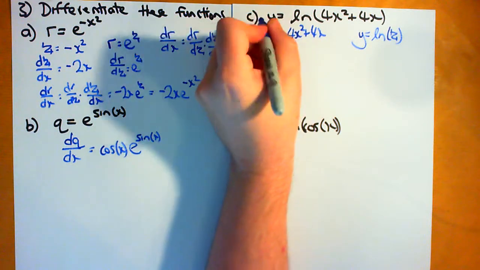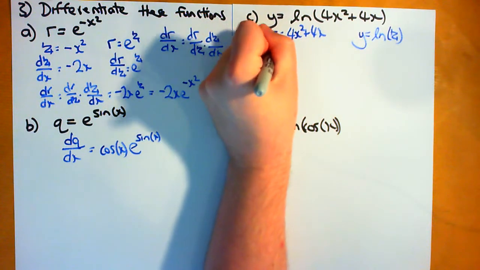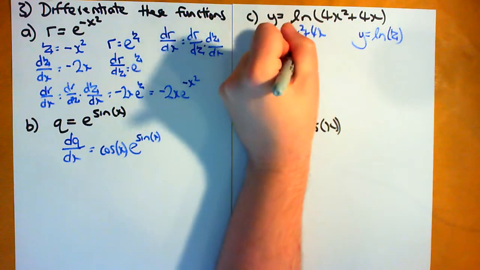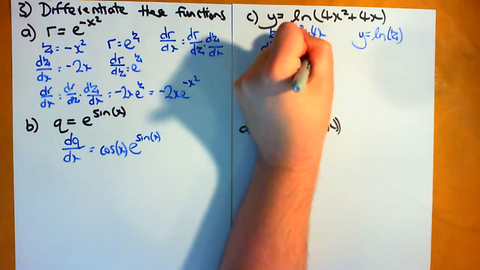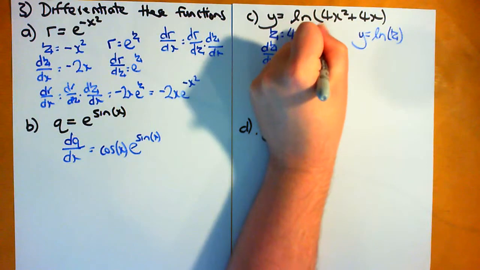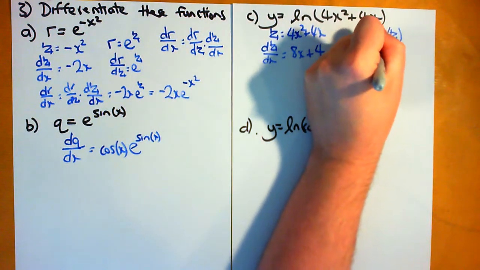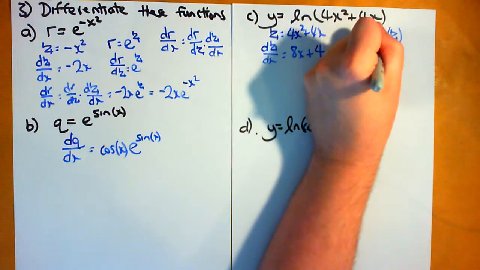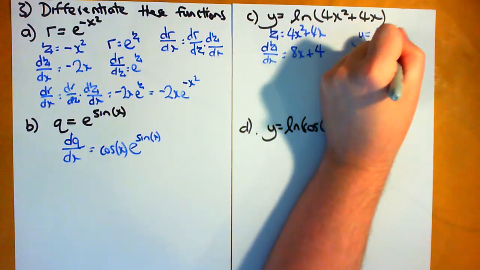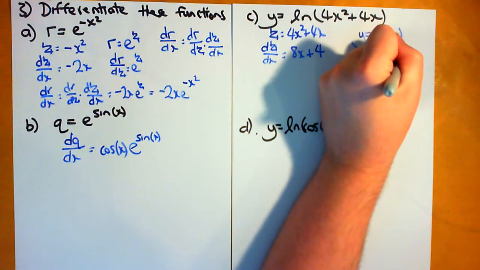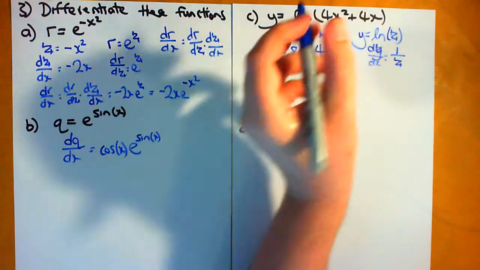That gives you dz by dx equals, differentiating that gives us 8x plus 4. And if we differentiate log, we get dy by dz: log differentiates to 1 over x, so log z would be 1 over z.